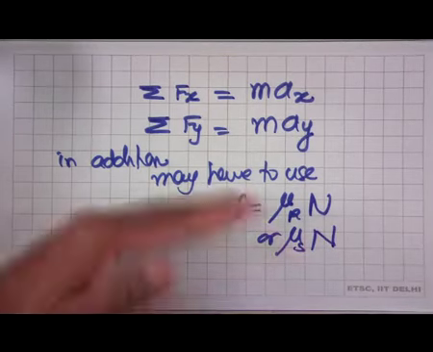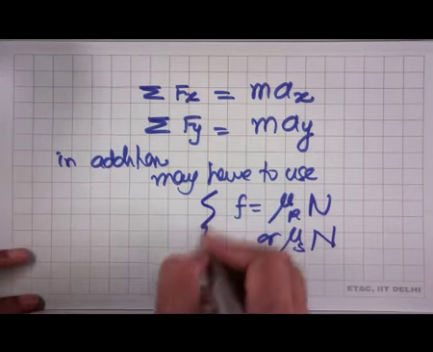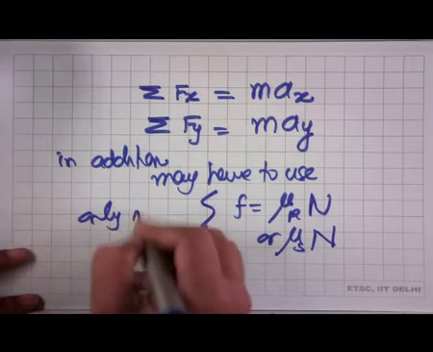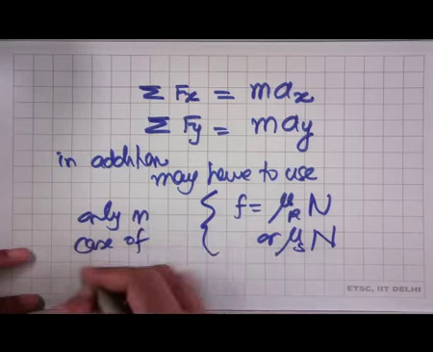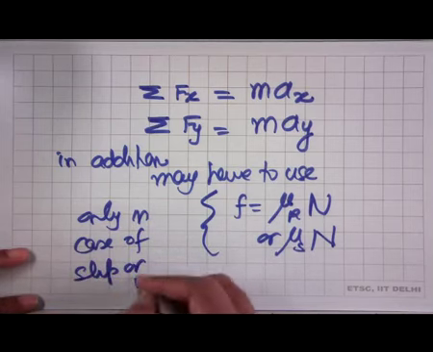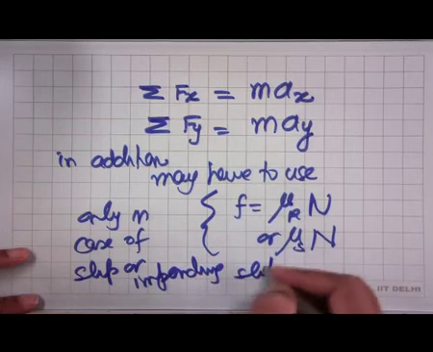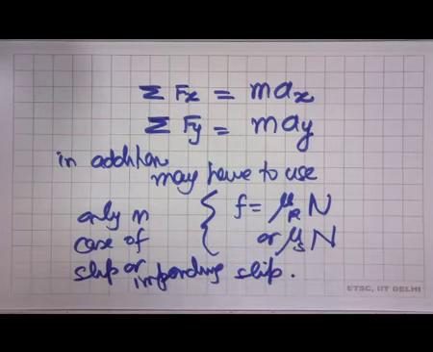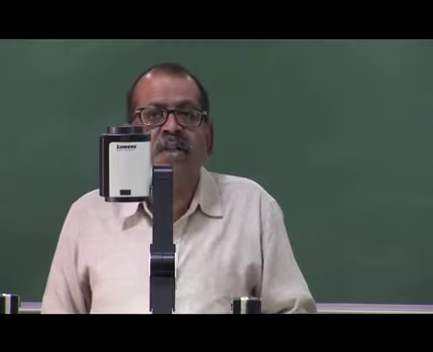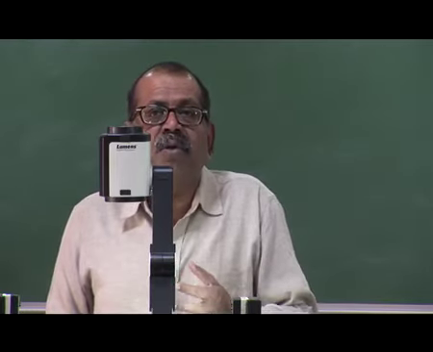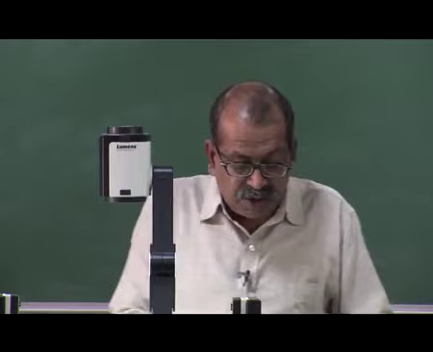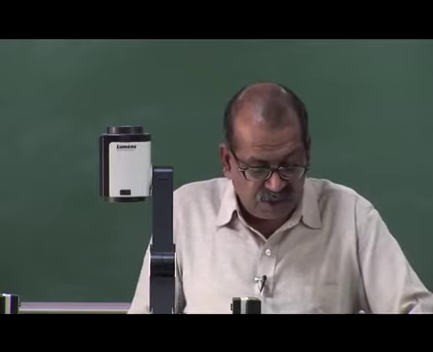But this is only in case of slip or impending slip. In case of no slip, friction will be an unknown like other forces and we will not be able to solve for friction directly. It will come from the solution of the equations.